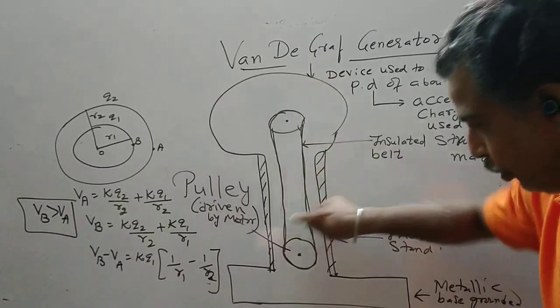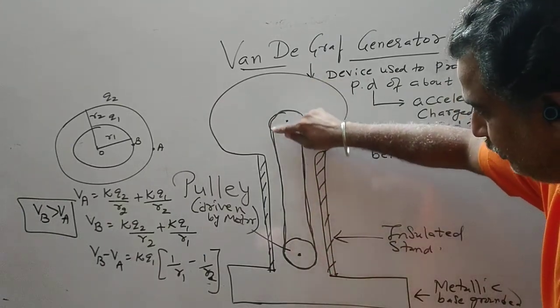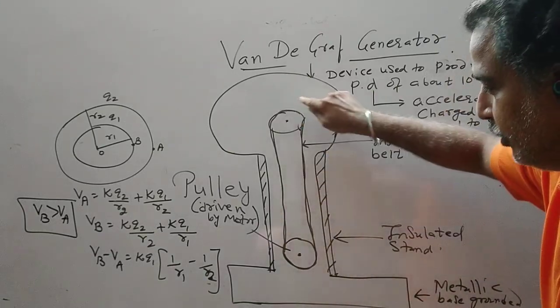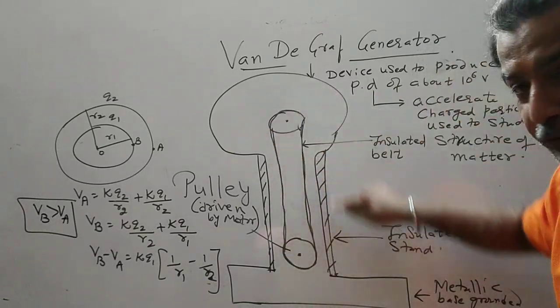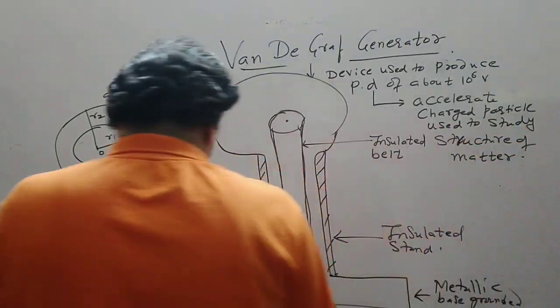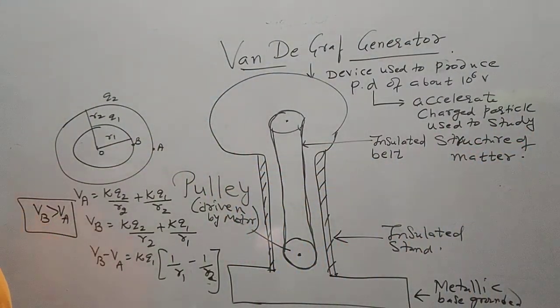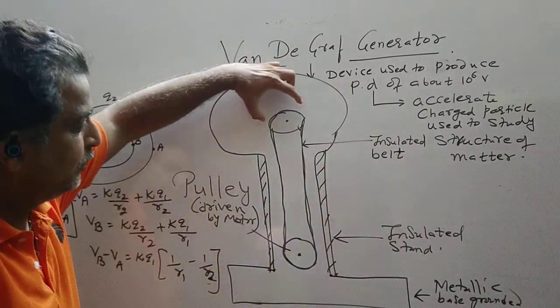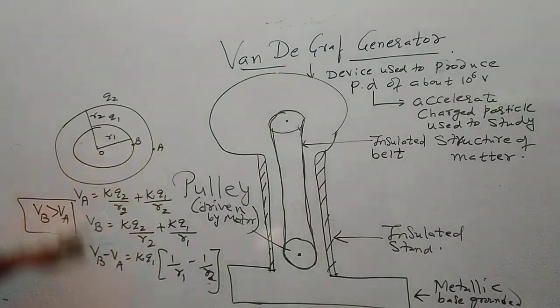Say it rotates clockwise, so this belt will move up, and from this side the belt will come down. So this is an insulated belt. It is moving over the pulley. So this is a pulley driven by the motor on which we have an insulated belt. This pulley is similar to our inner sphere.